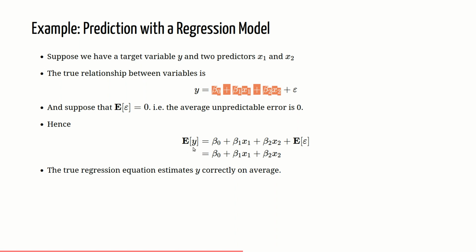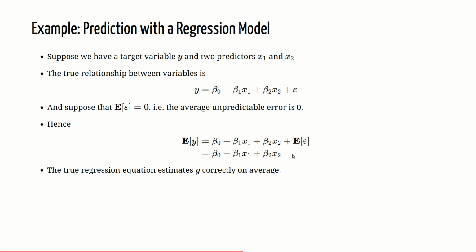So the expected value of y is just equal to that thing: the expected value of a constant is a constant, plus the expected value of the error. And if the expected value of the error term is 0, then the expected value of y is exactly given by the linear predictor. So the true regression equation is estimating y correctly on average.